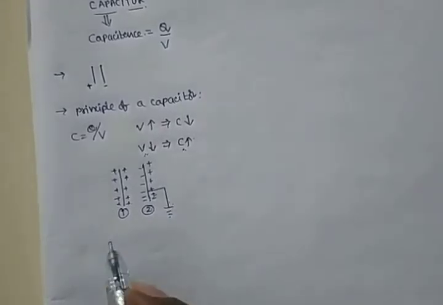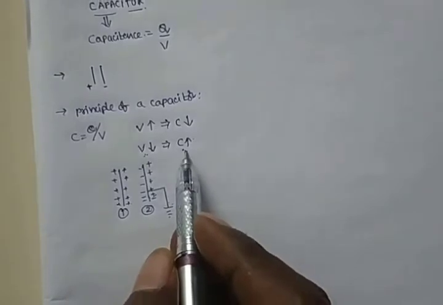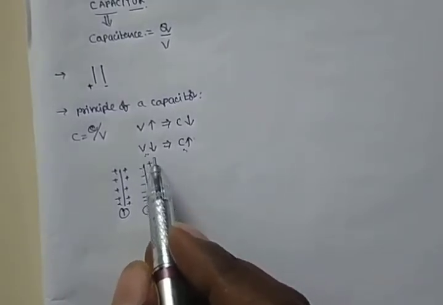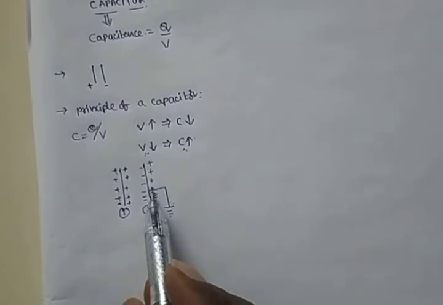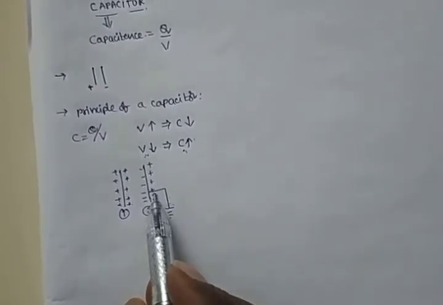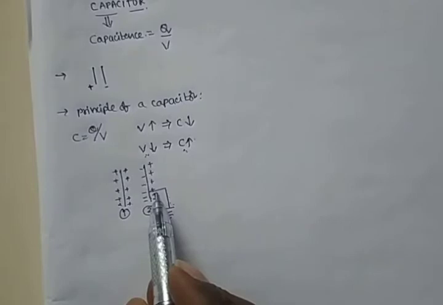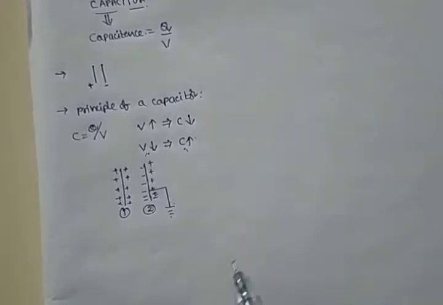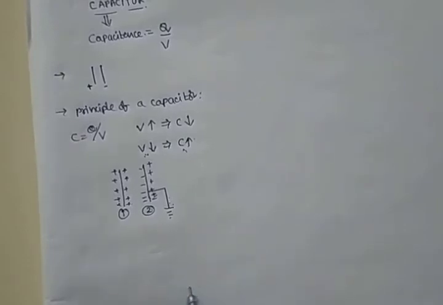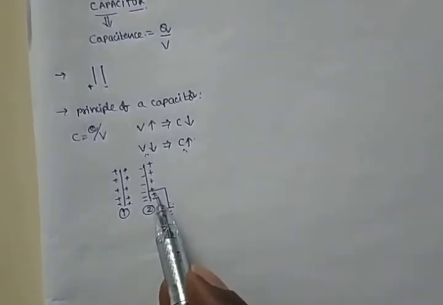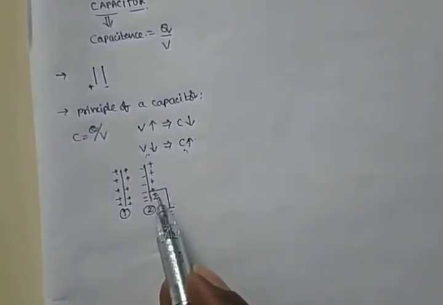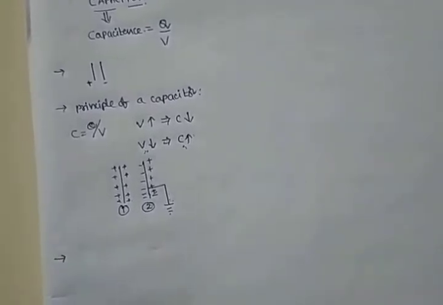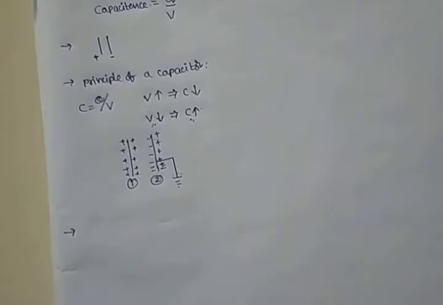That is possible by earthing the outer surface of the second plate, so that the positive charge is transferred to the earth and the outer surface is neutralized. That is the principle of a capacitor.